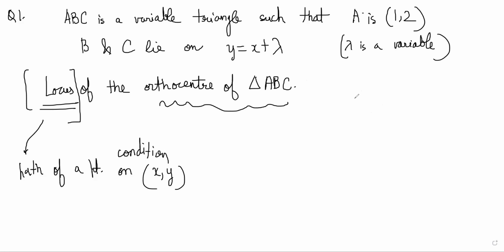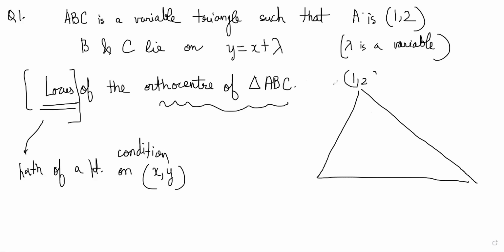So let's just draw the triangle. ABC is a triangle like this, and A is 1, 2. And we know B and C lie on one particular line. We have to find locus of orthocenter.